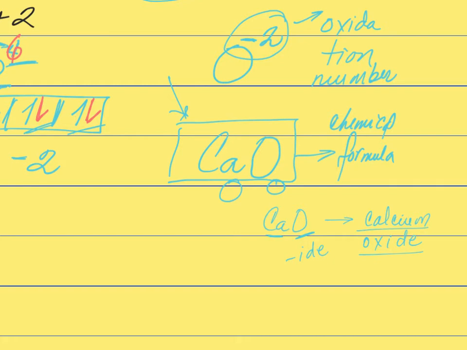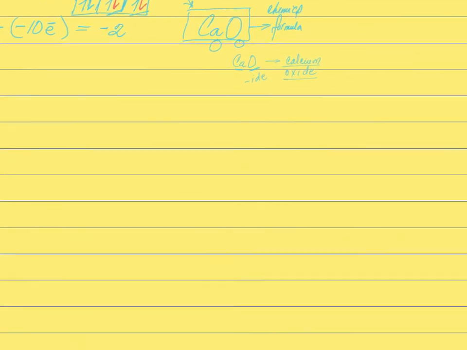But we have questions. Are the elements always going to combine in a 1-to-1 ratio? The answer is no. Remember that every time you have a metal and a non-metal, an ionic bond is going to be created and an ionic compound is going to be formed.